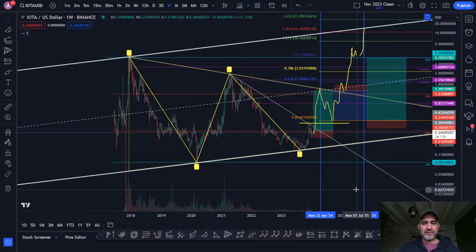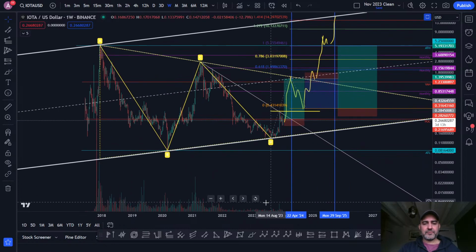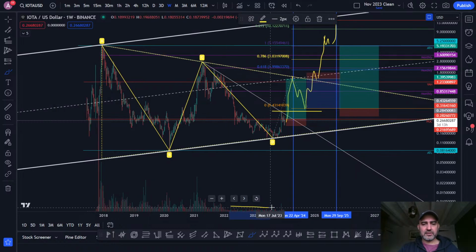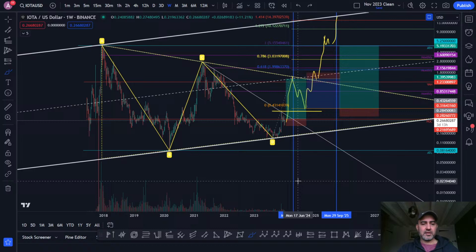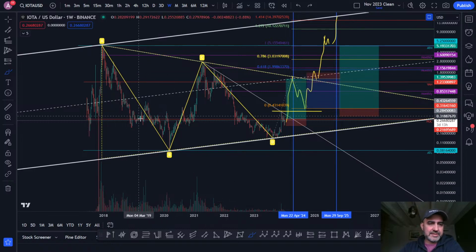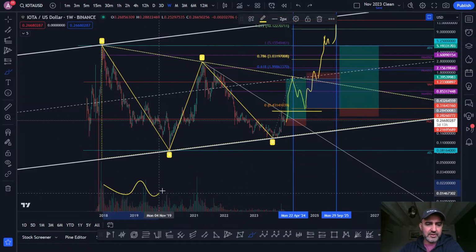I do have one observation. We're not seeing much volume in this lower range here. So I want to see some volume now. That's the other thing, because we have got volume in this. All of this has volume.